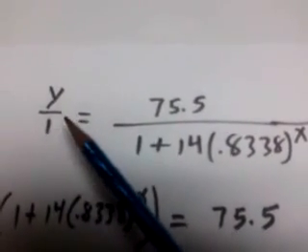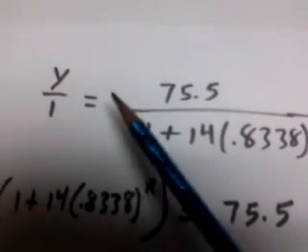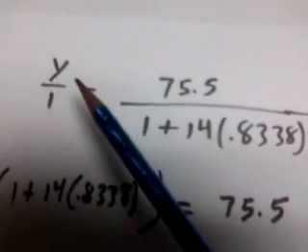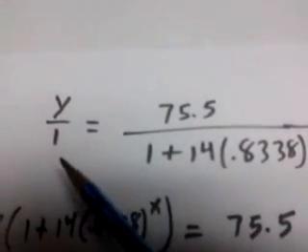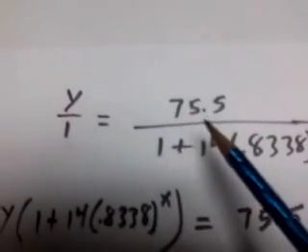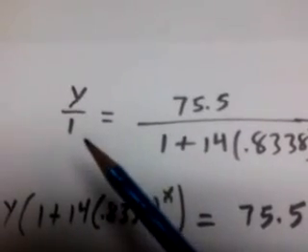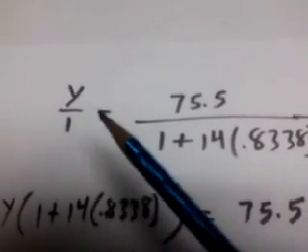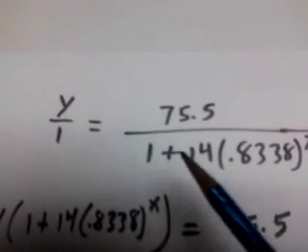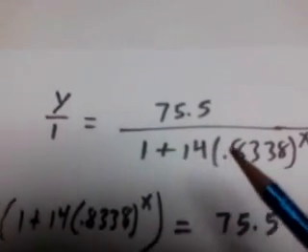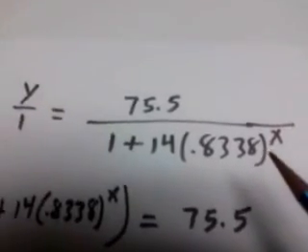And then we can do what a lot of students call cross multiply. Multiply the y times this, and multiply the 1 times the 75.5. So when we do the cross multiplication, y times this will give us y times 1 plus 14 times 0.8338 raised to the x power.